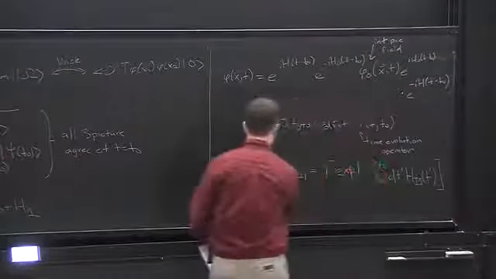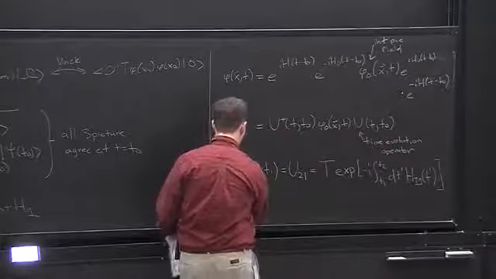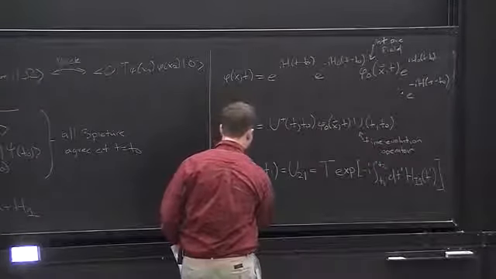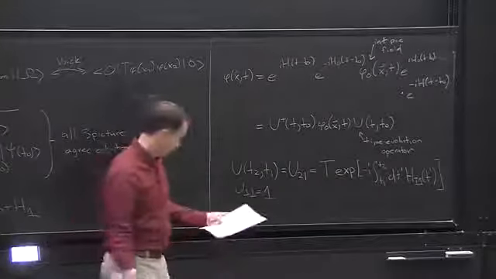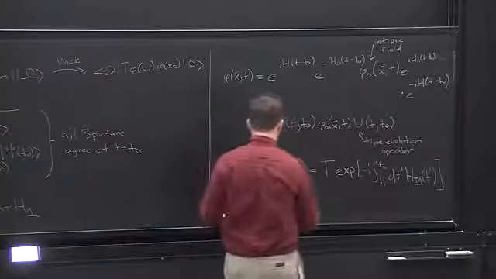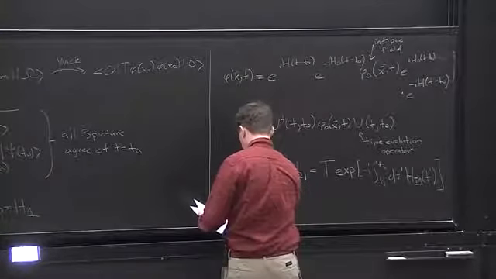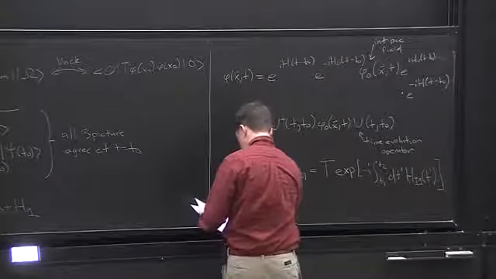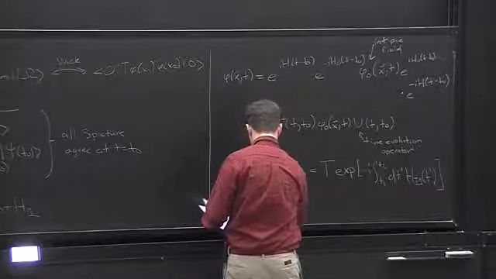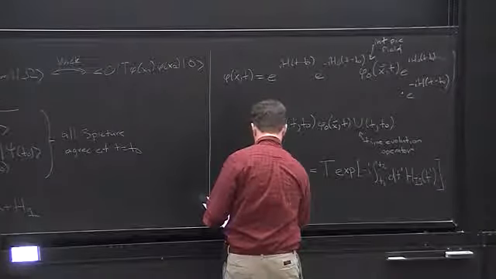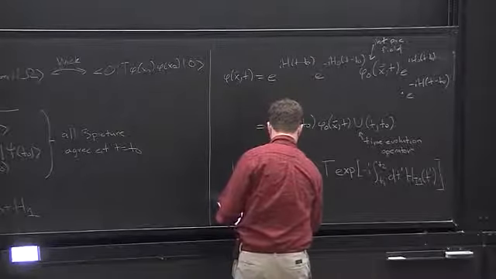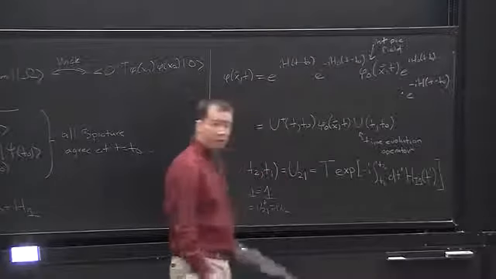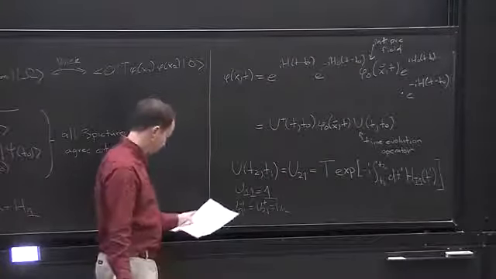This is a time evolution operator, which means that time evolution for no time is the identity. It's unitary. So U21 inverse is U21 dagger, which is the same as evolving backward in time.